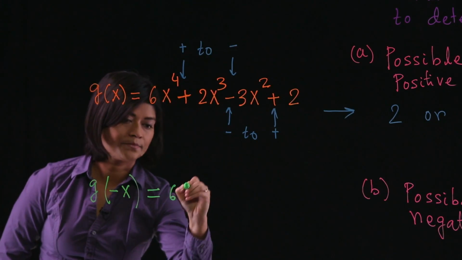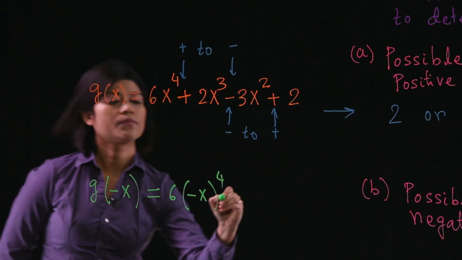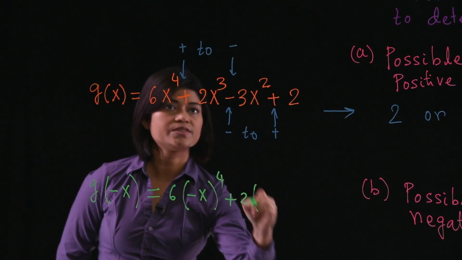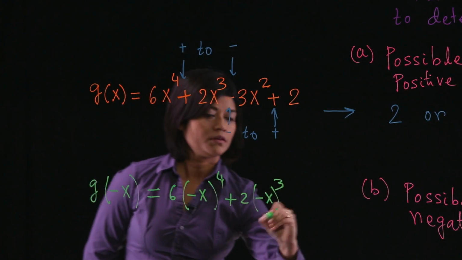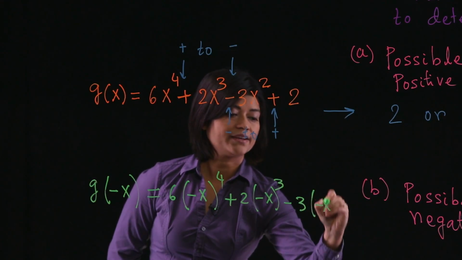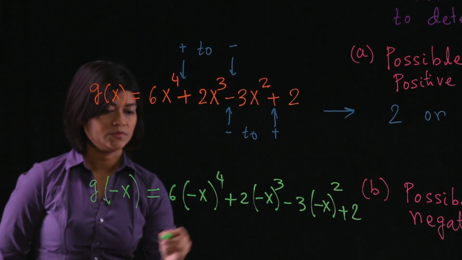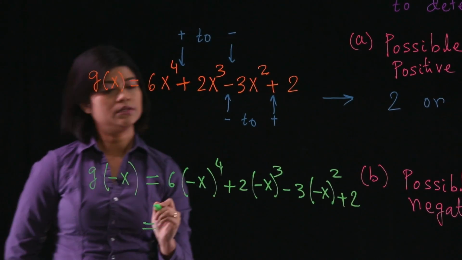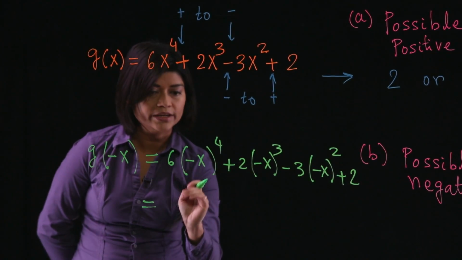So we have 6 times negative x to the power 4 plus 2 times negative x cubed minus 3 times negative x squared plus 2.